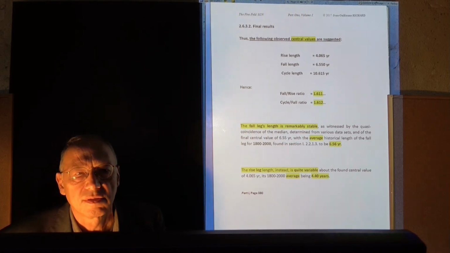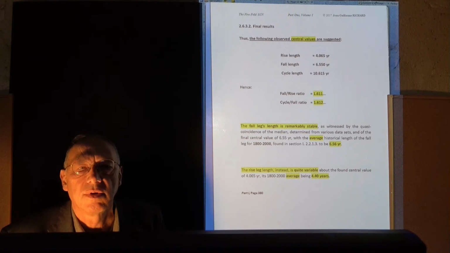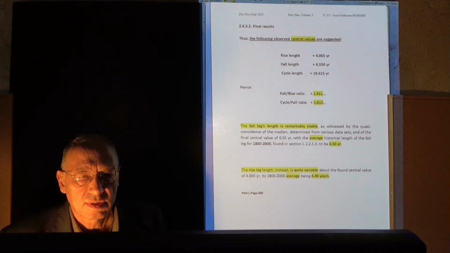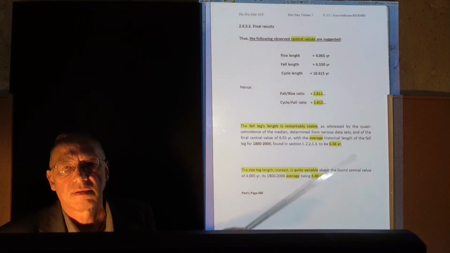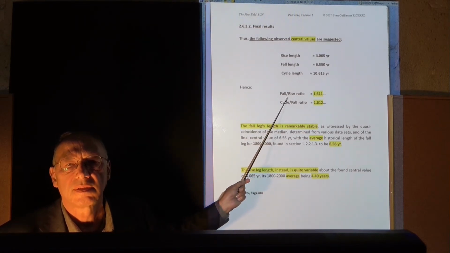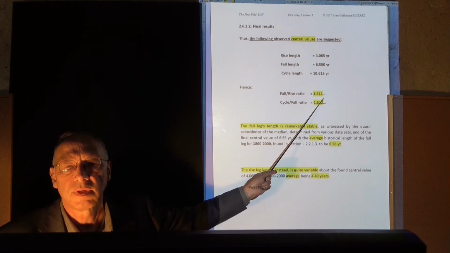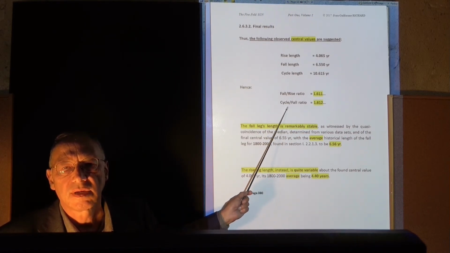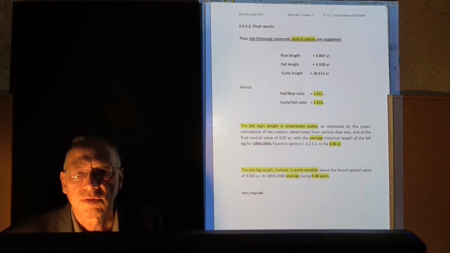This is very close to some of the published estimates that were cited in the first page of this video lecture, and this yields a fall over rise ratio of 1.611, whereas the cycle over fall ratio is about 1.612.